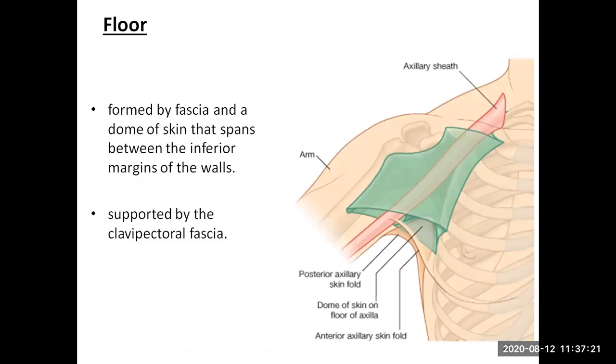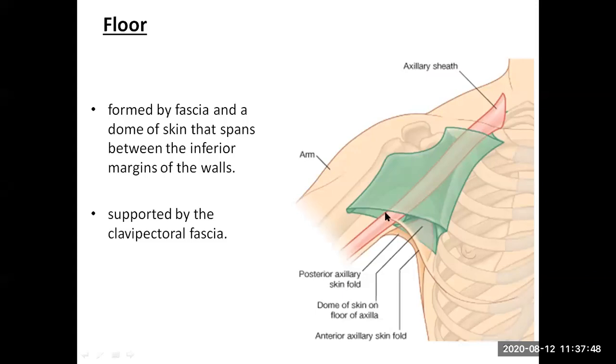It is depressed from external view. The surface of the armpit is concave, having the anterior fold and posterior fold. So the floor is raised towards the center.